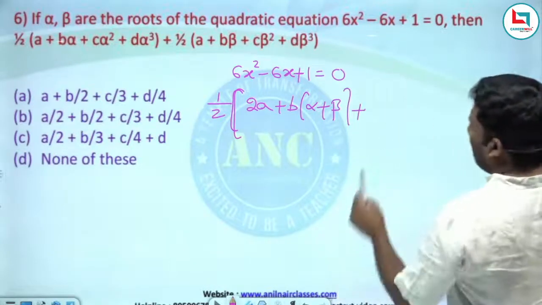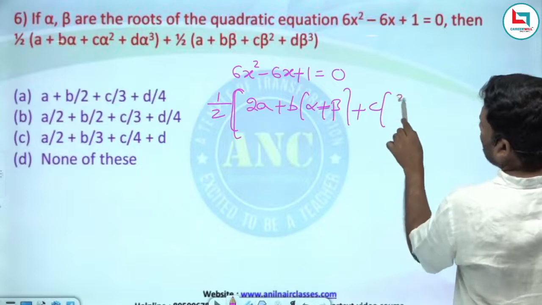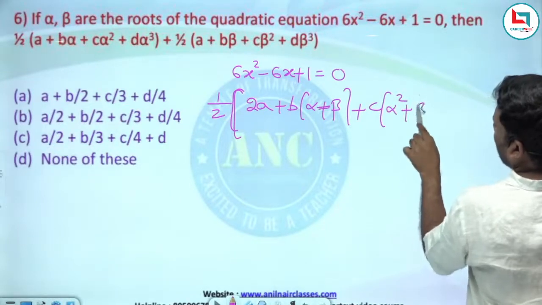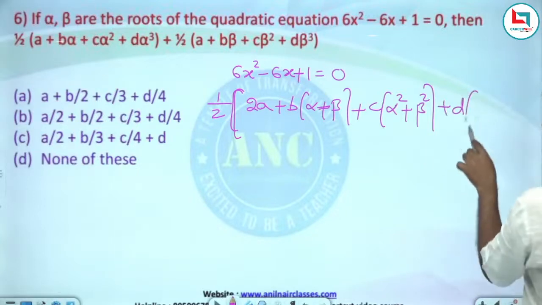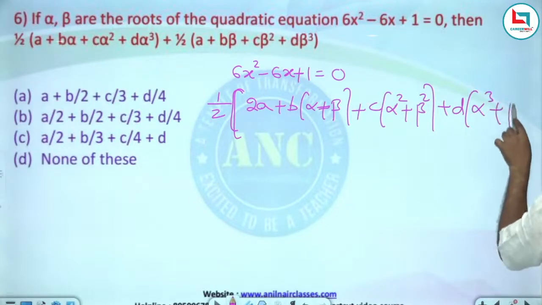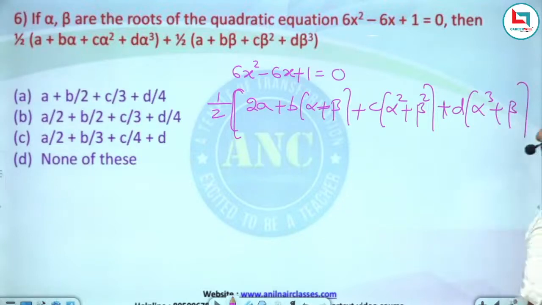Next is c into alpha square plus beta square. Next d into alpha cube plus beta cube. It is a simple simplification related problem.